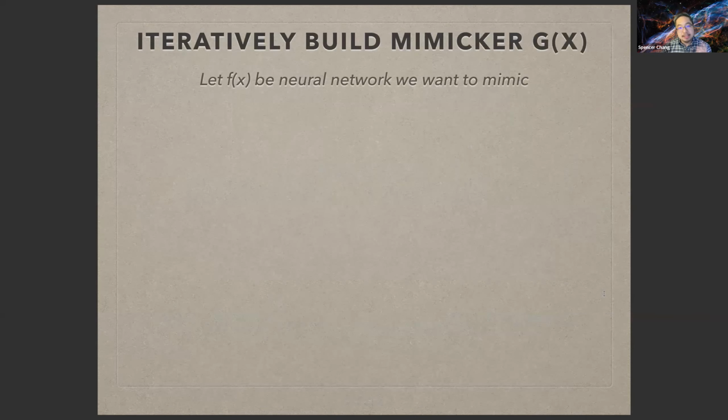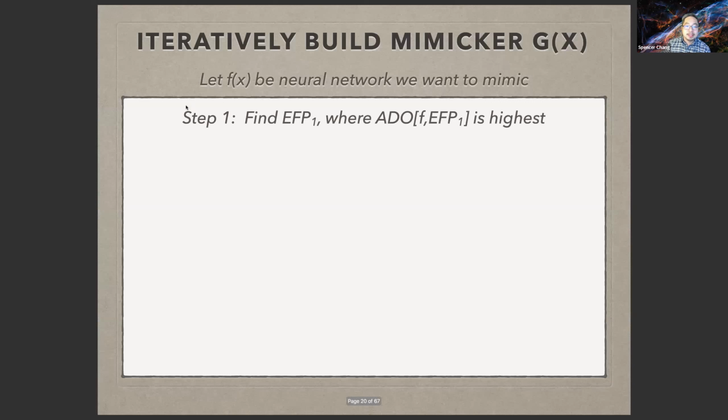Okay, now they couple this to an iterative approach to build this other neural network G. If f is the one that I want to mimic, this is how you do it. Step 1, find over a list of energy flow polynomials the one that gives you the highest average decision ordering, where you compare f to just the value of the energy flow polynomial for every event.